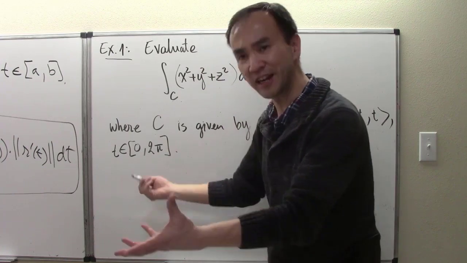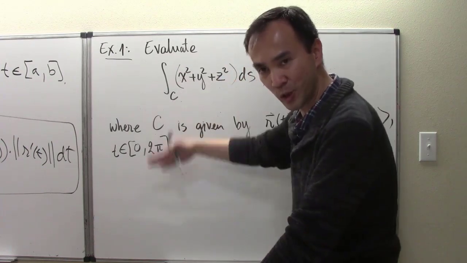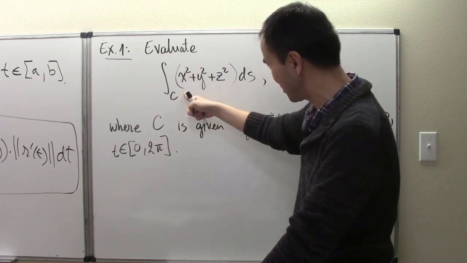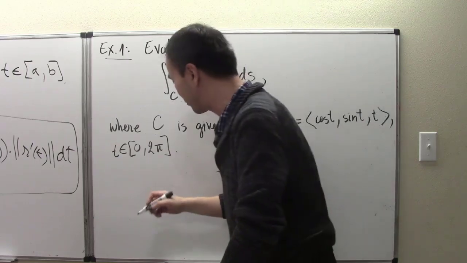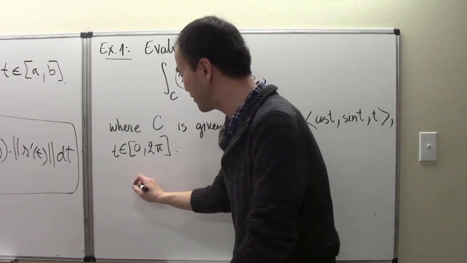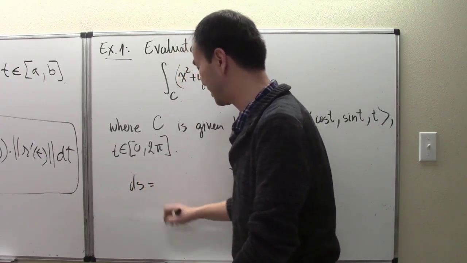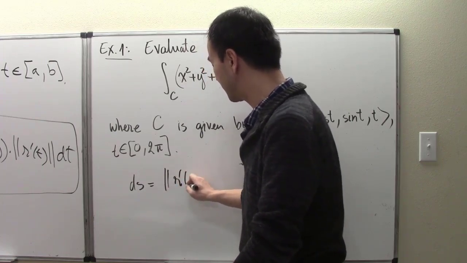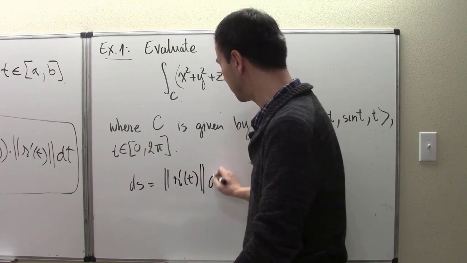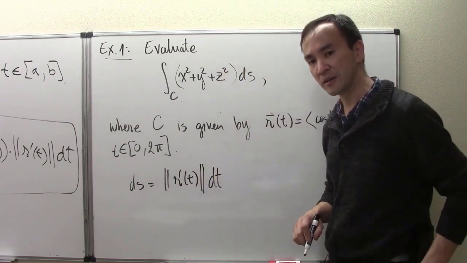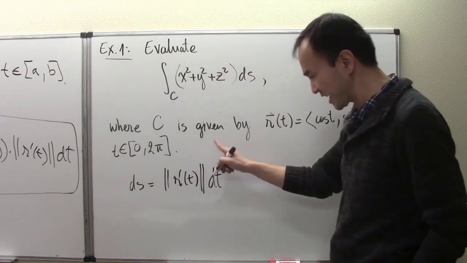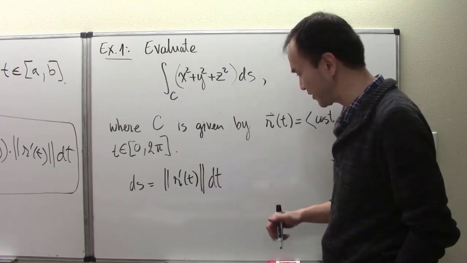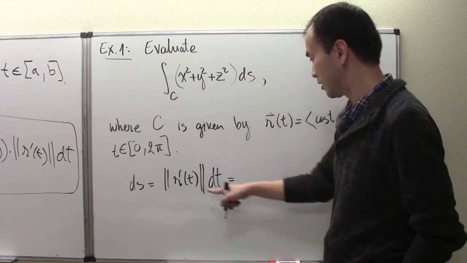To get started evaluating this actual line integral on a scalar function, we do the following. Recall for yourself that ds is, according to the theorem, the magnitude of r prime of t times dt. So let's work it out with that expression right here. Get into that habit.